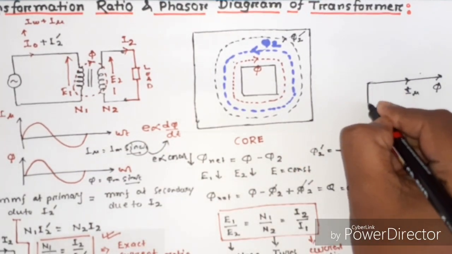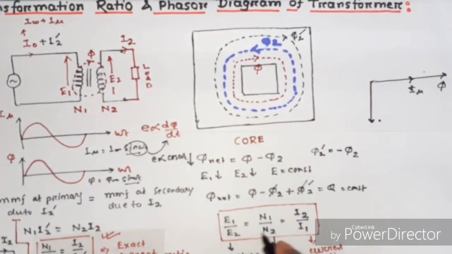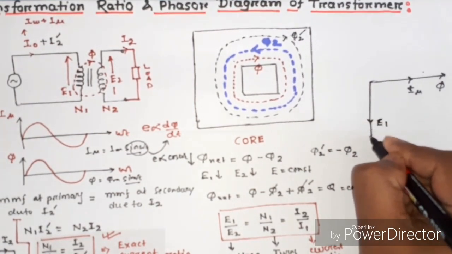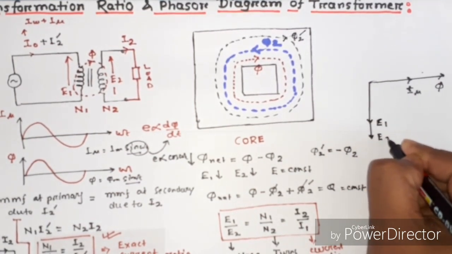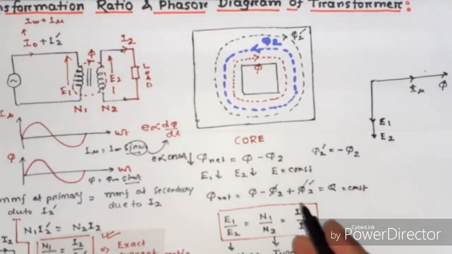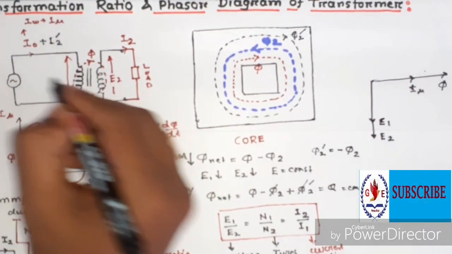Here, depending upon N1 by N2, E1 may be greater than E2 or less than E2. According to Lenz's law, the induced EMF is opposite to the supply voltage.